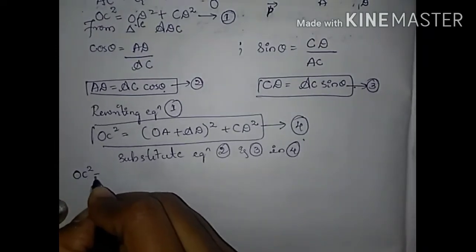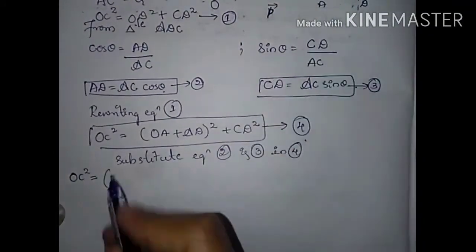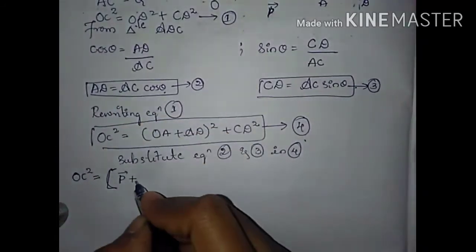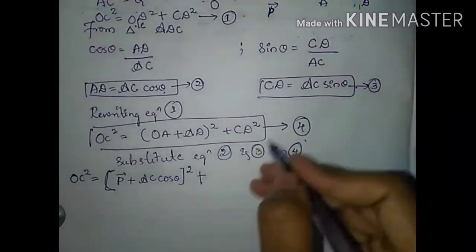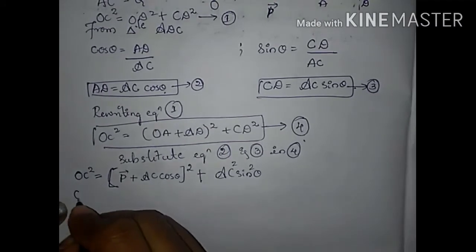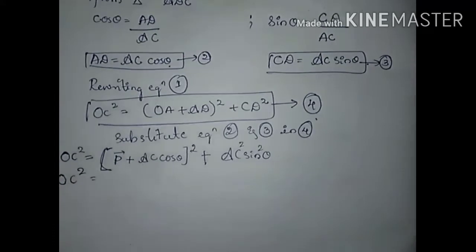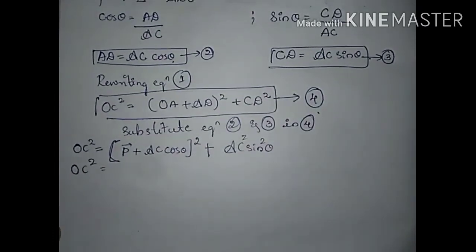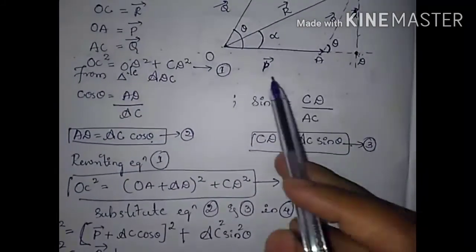So OC square is equal to, OA is vector P, so that is P plus AD, which is AC cos theta, whole square, plus CD, which is AC sin theta, whole square. So if this is A plus B whole square, expand this. What is AC?